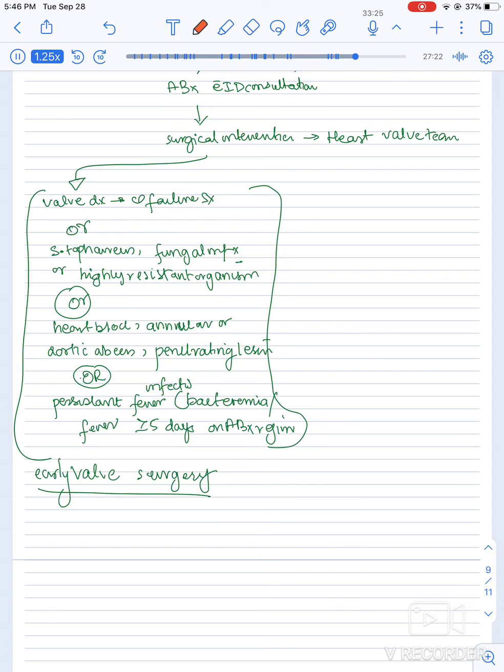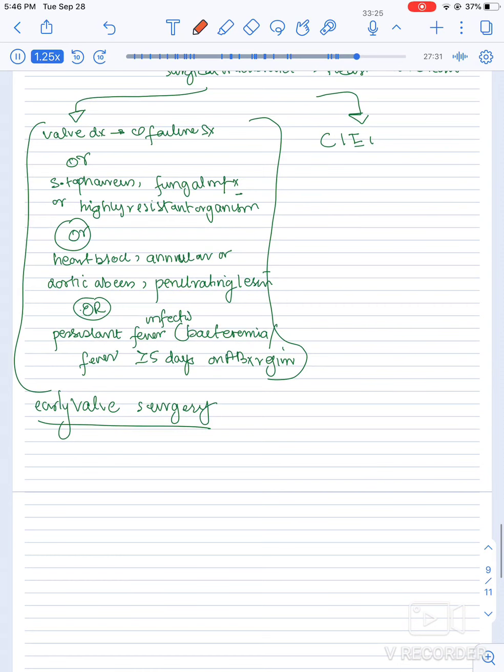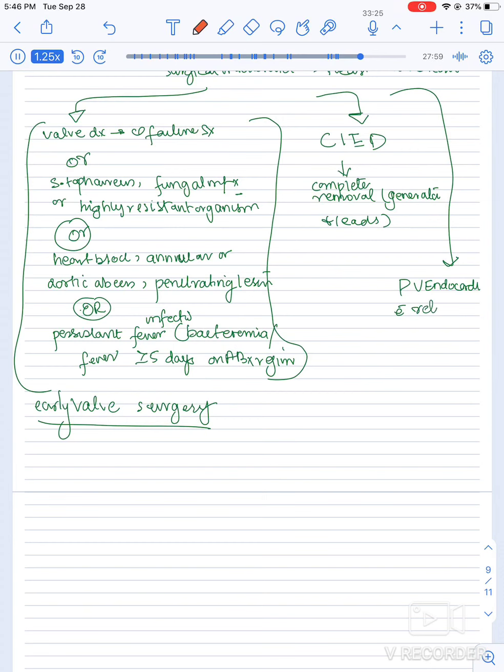Okay, so the other class 1 recommendations: if the patients have infection in their cardiac devices, then of course one should consider complete removal of generators and leads. Other than that, if the patients have prosthetic valve endocarditis with relapsing infection, consider surgery.